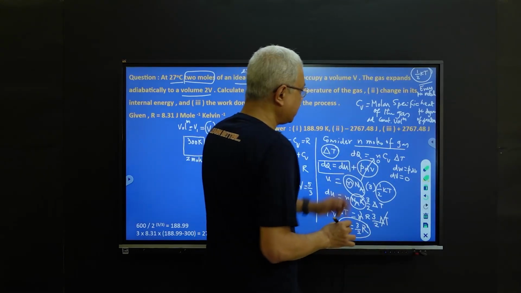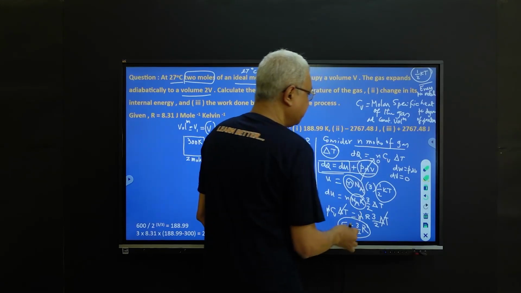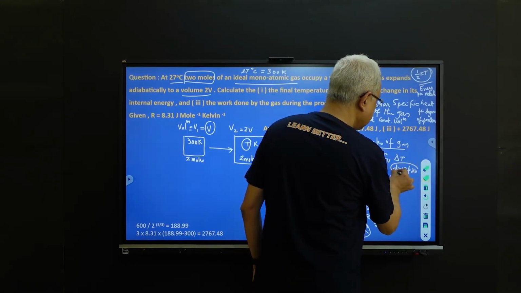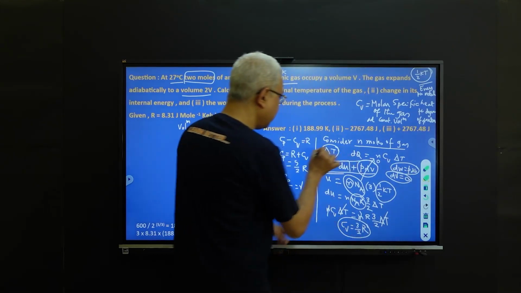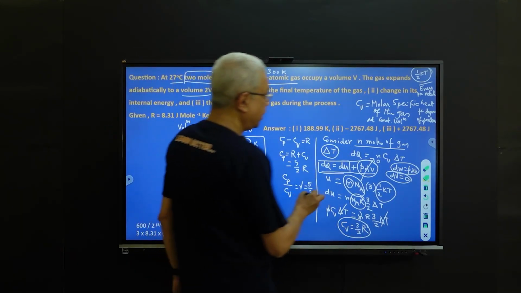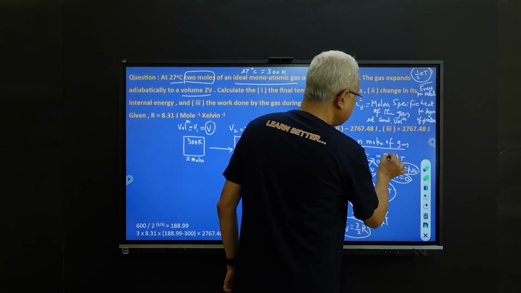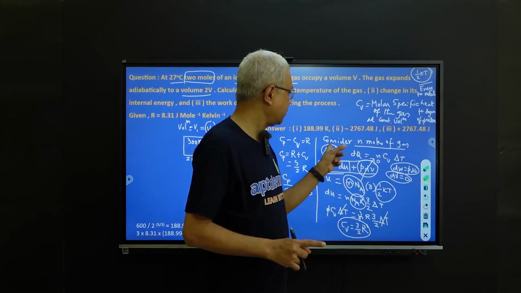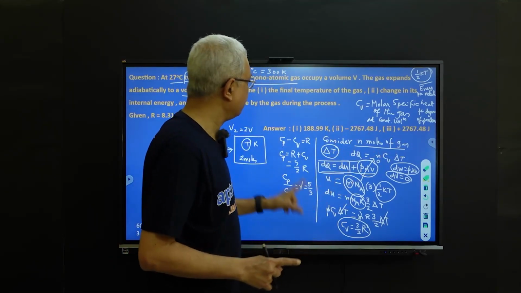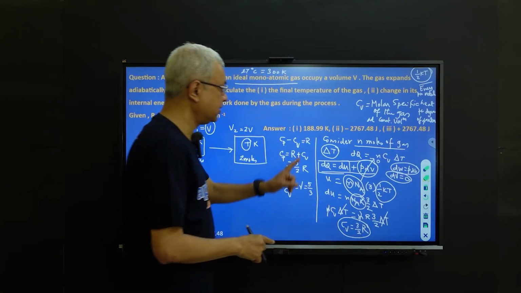Since the volume is remaining constant, dv is 0, so dq equal to du. Now this dq can be expressed as n Cv delta T, because we are considering n moles of monoatomic gas.